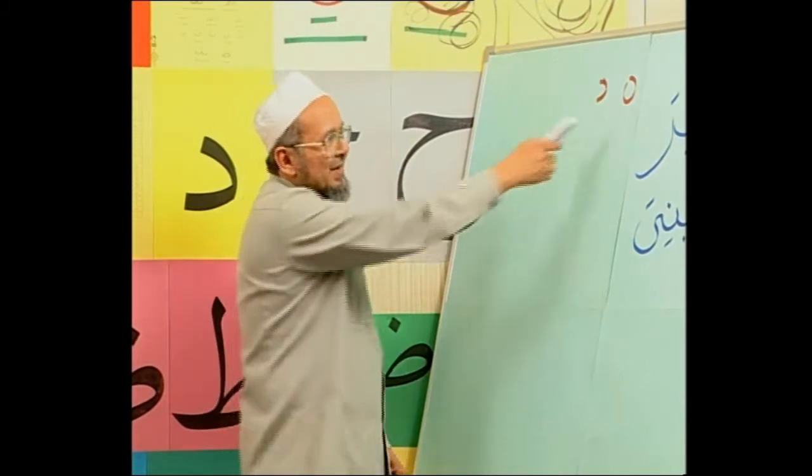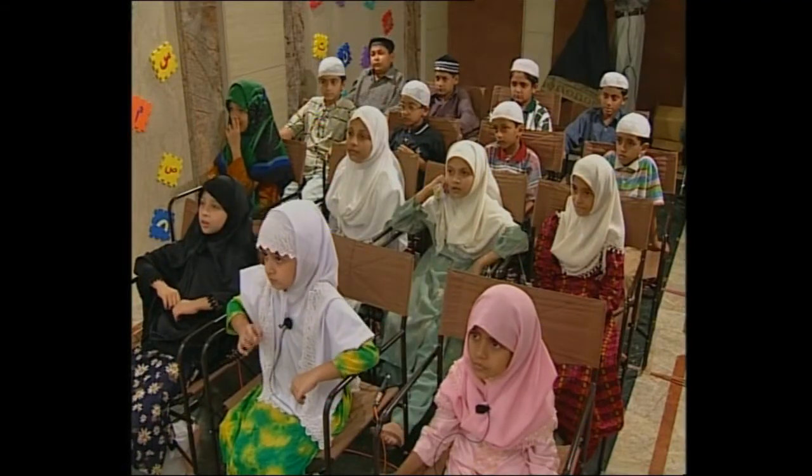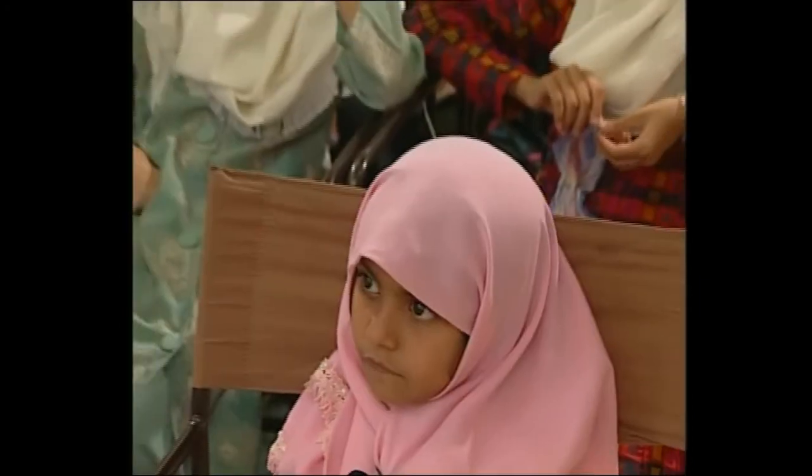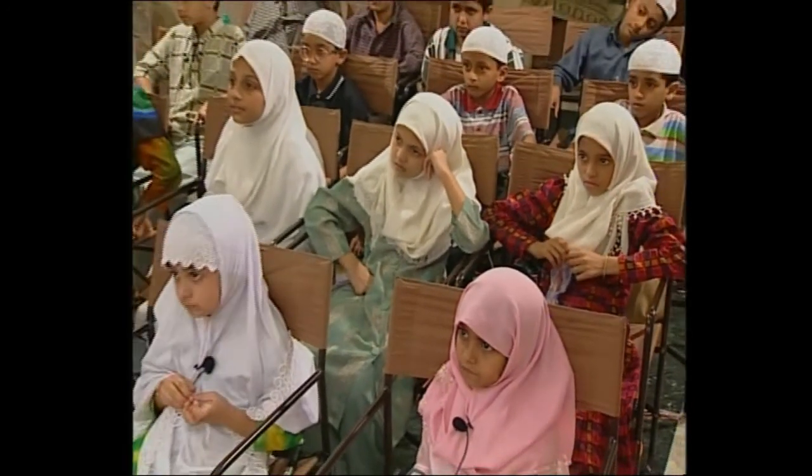Sukun means what? Sukun means the letter is without any movement. All right? It has no short vowel on it, or even a long vowel. So, it means what? Each letter has its sound.